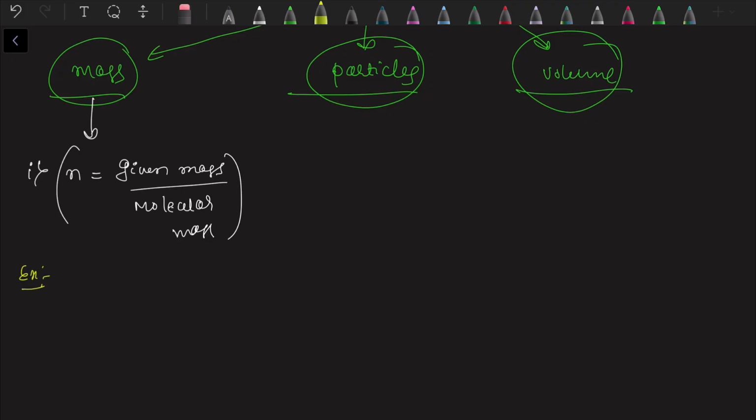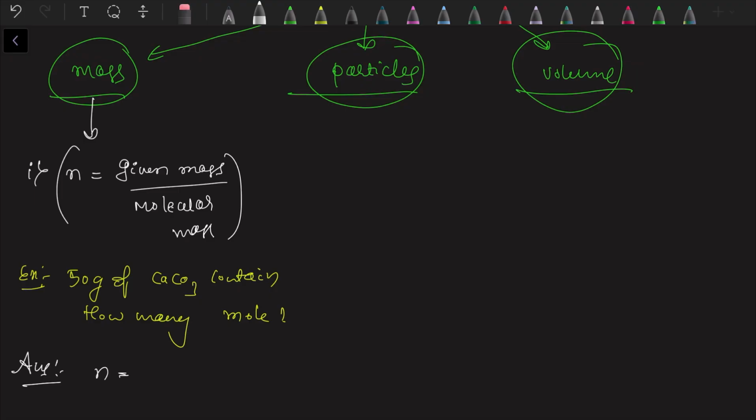They are asking: 50 gram of calcium carbonate contains how many moles? We know that number of moles is nothing but weight divided by molecular weight. The weight of calcium carbonate they have given, that is 50 gram. The molecular weight of calcium carbonate I told you above.